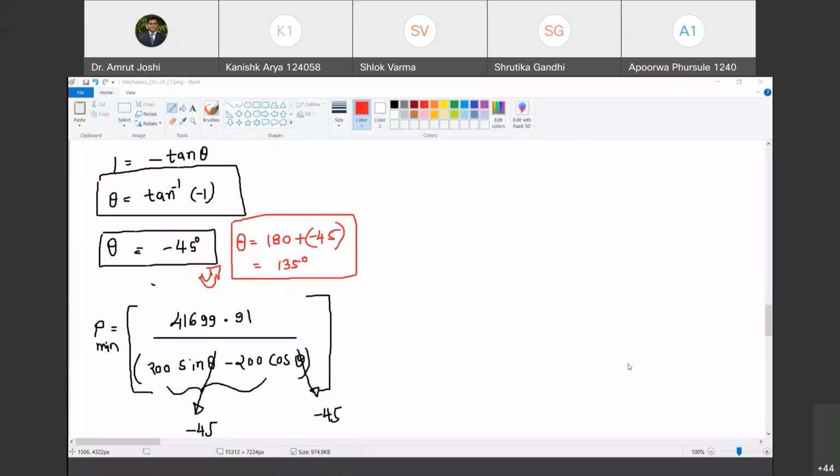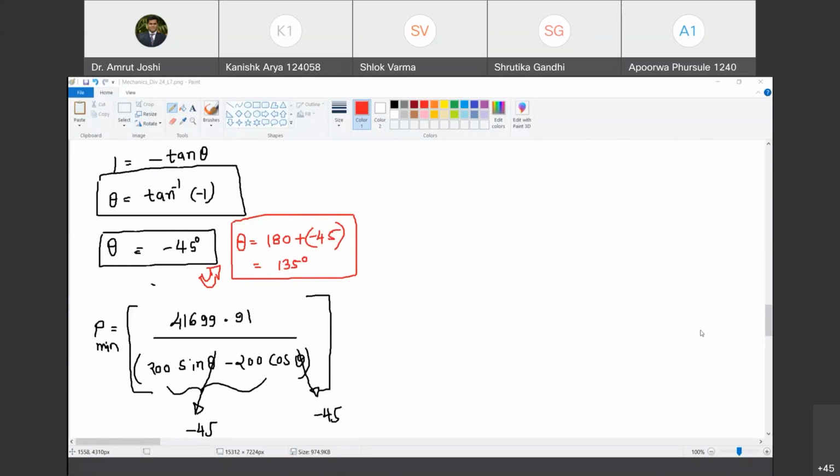Are you able to hear me, Shrutika? Yes, sir. So theta will be equal to 180 plus minus 45, that is 135 degree. Are you with me? Yes, sir.